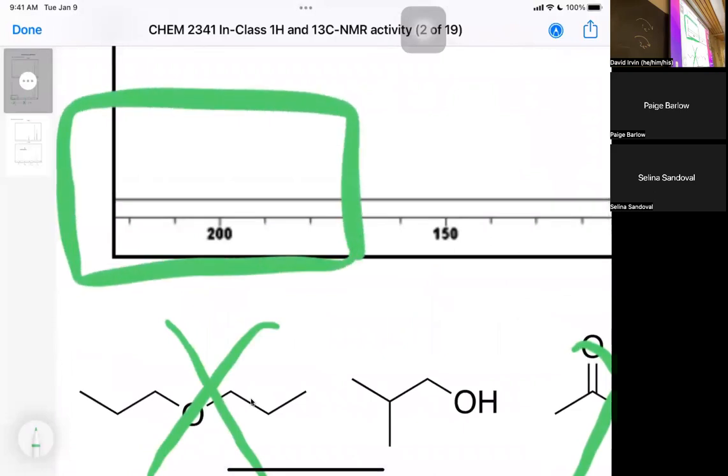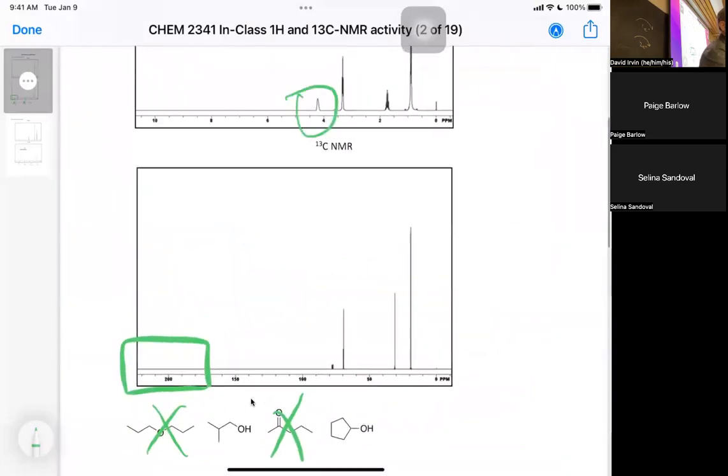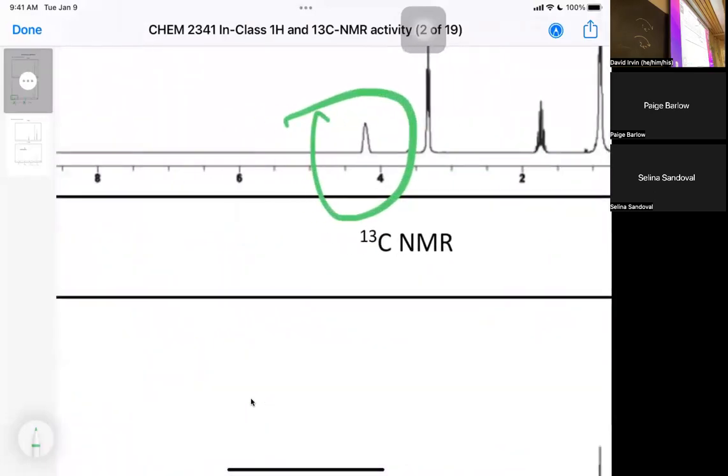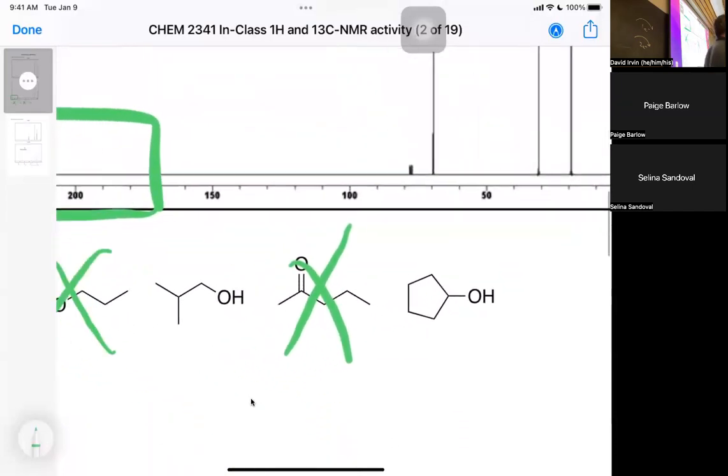So we know we don't have any carbonyls. And we know we have an OH because this peak here is a broad singlet and we don't split through oxygen or nitrogen. It could have been a nitrogen, but we don't have a nitrogen in a choice, so we'll just call it an oxygen at this point. So we have 2 choices here.